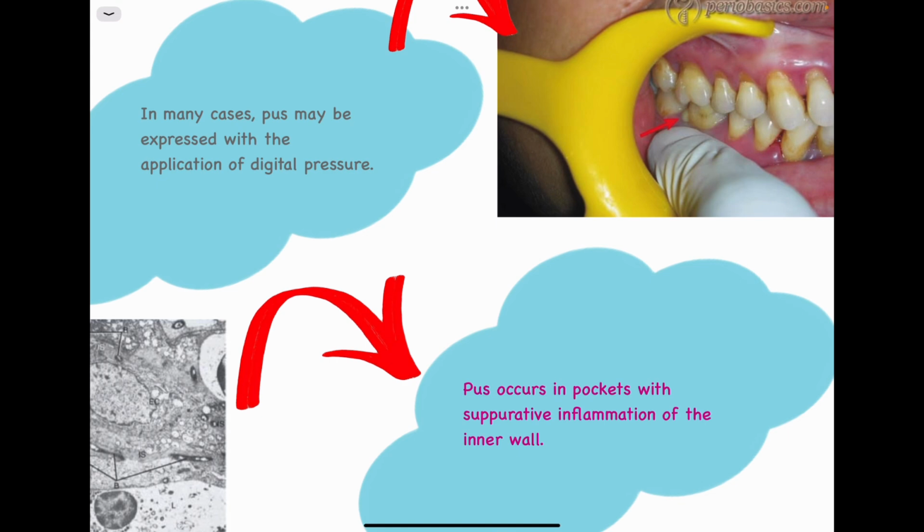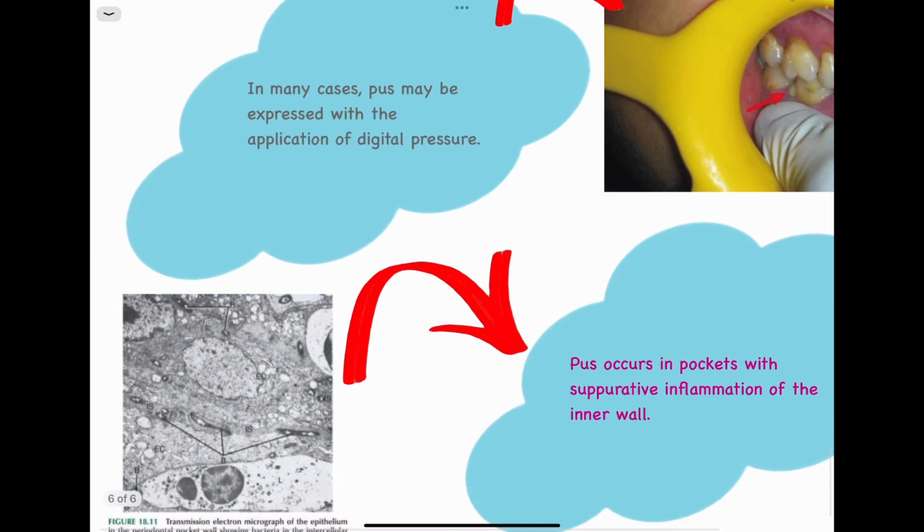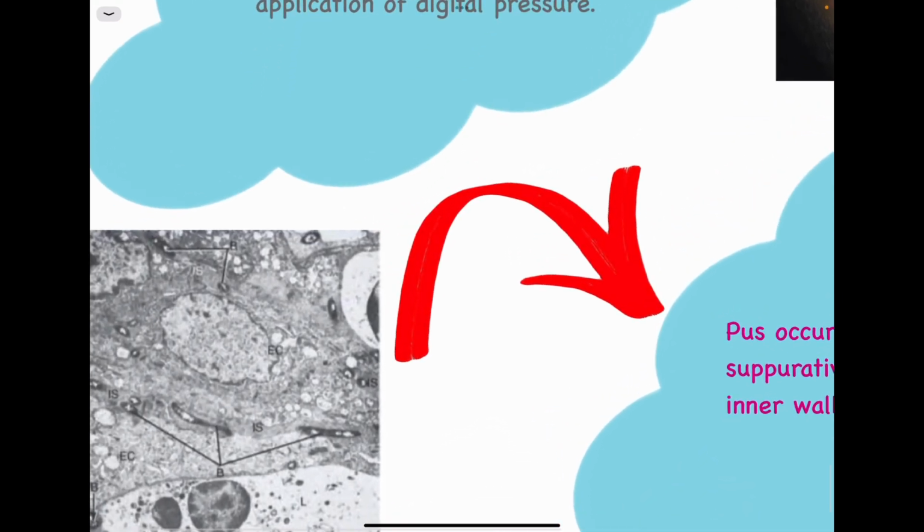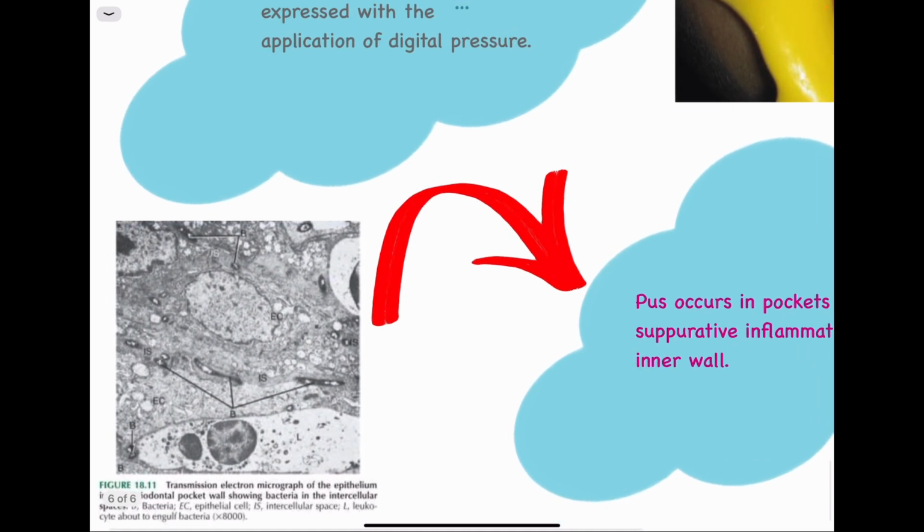Okay, so all these dead and necrotic matter is exuded in the form of pus, and this pus is present because there is a suppurative inflammation which is occurring. So here you can see there are microorganisms, right? So these are basically seen because of the inflammatory changes which are present in the wall of the pocket.